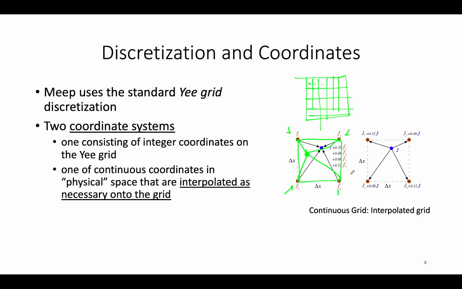So any point in the domain, for instance here or here, we can calculate the values at this point by basically interpolation. And that's the basic trick that Meep uses to describe this continuous grid.